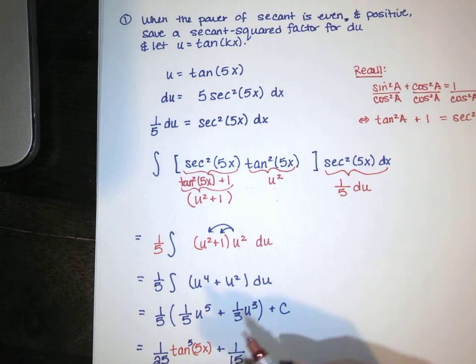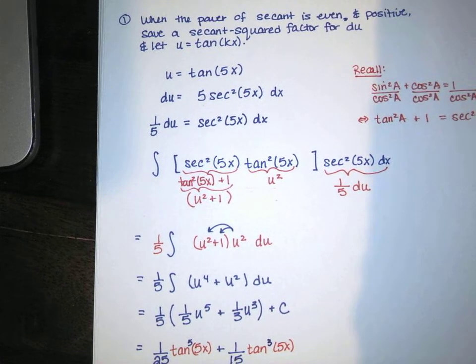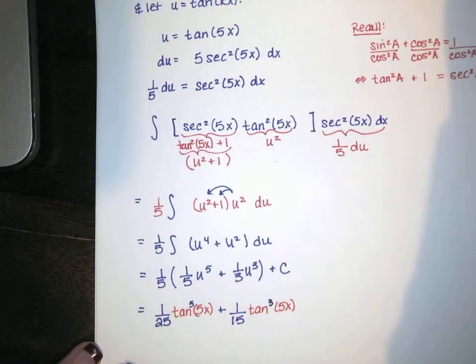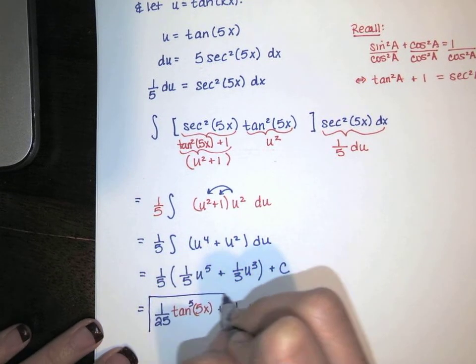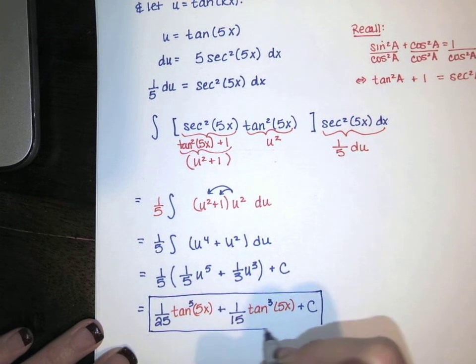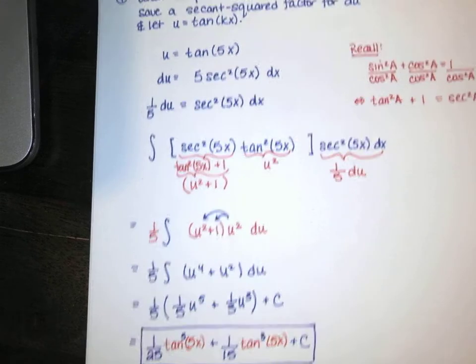So I'm going to write my tangent of 5x. When we cube trig functions, we write the power on the name of the trig function to avoid ambiguity. And then, of course, don't forget your plus c. So that's our answer.